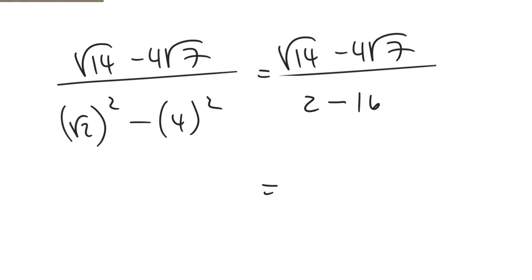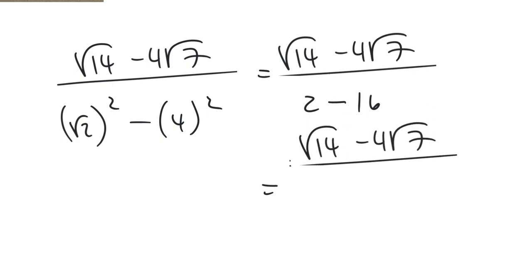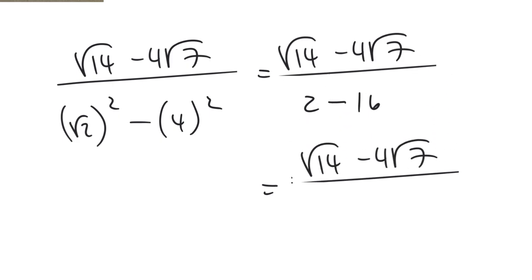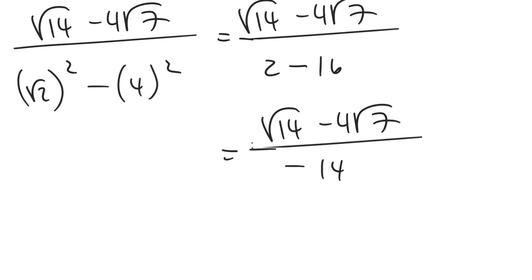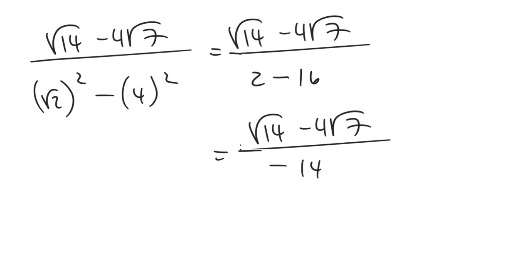And that is going to be the same top all over negative 14. Is there anything we can do with that? I don't think so, because that can't be simplified any further, and there's really no greatest common factor here that we could factor out and then cancel with the bottom.